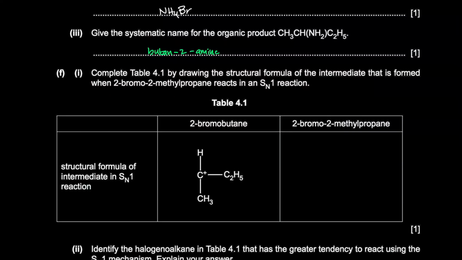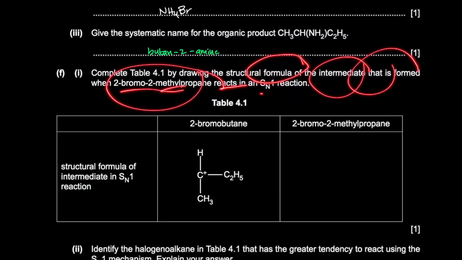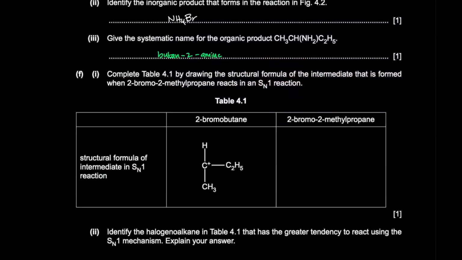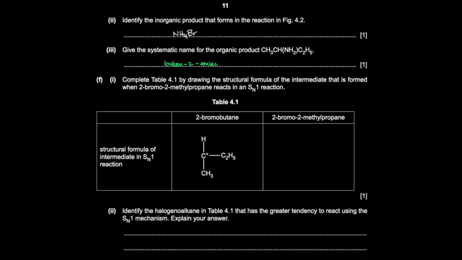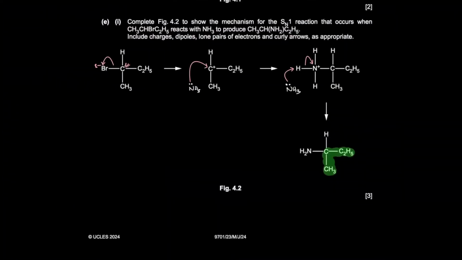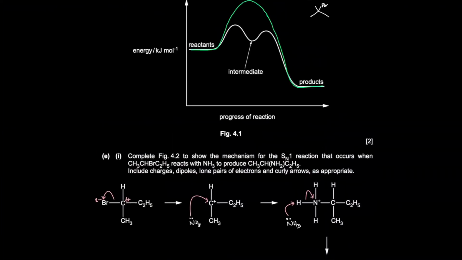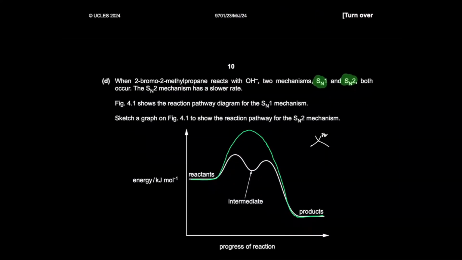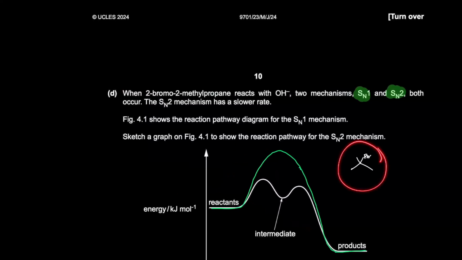Complete the table by drawing the structural formula of the intermediate that is formed when 2-bromo-2-methylpropane reacts in an SN1 reaction. I've drawn it right here.